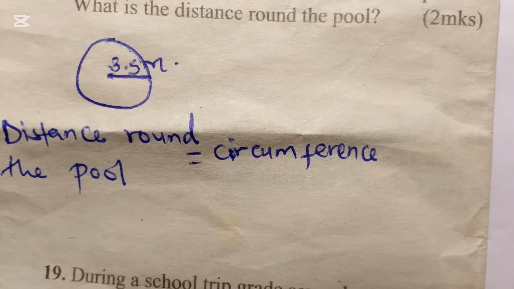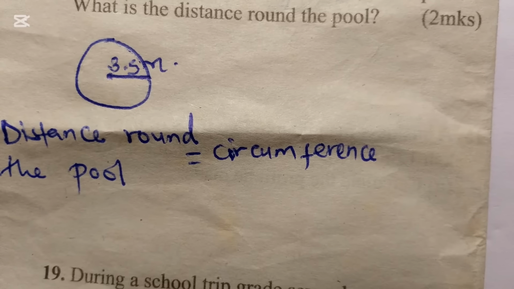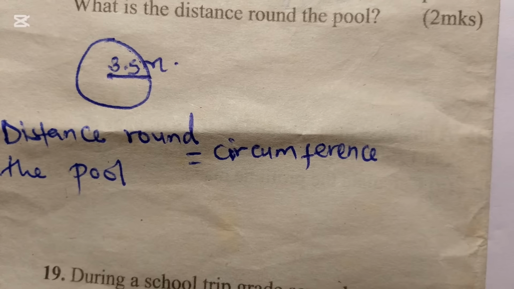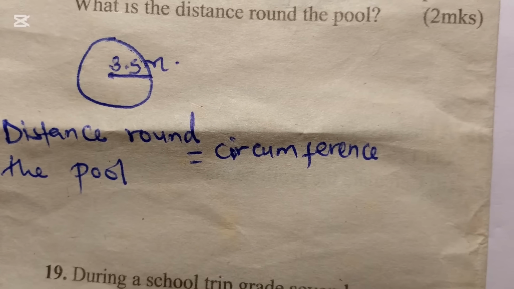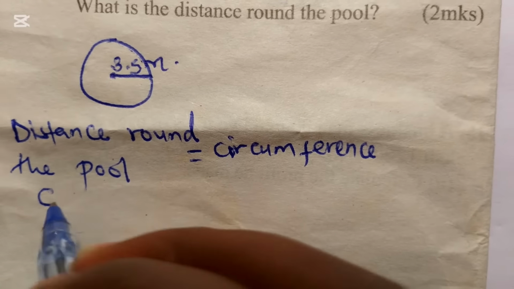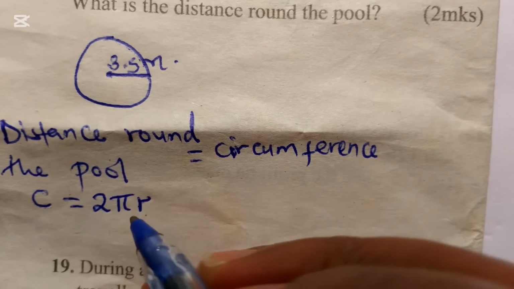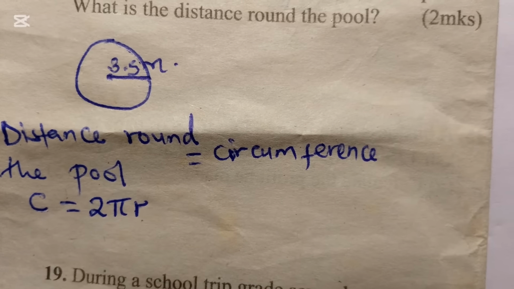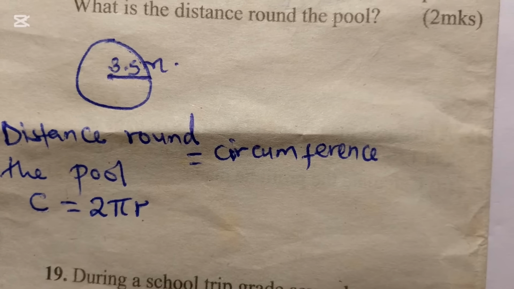Circumference, circumnavigating or circulating, yeah, circumference. So the radius is already given as 3.5 meters, and we know that circumference is given by 2 pi r. These are formulas that you are supposed to know.